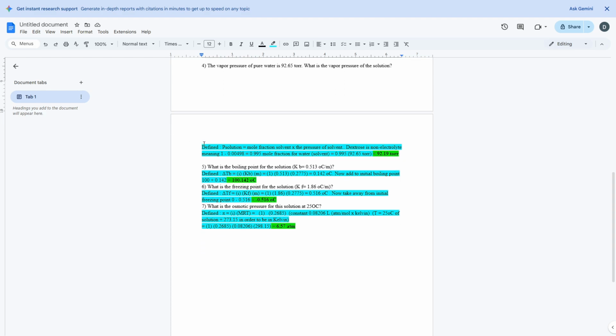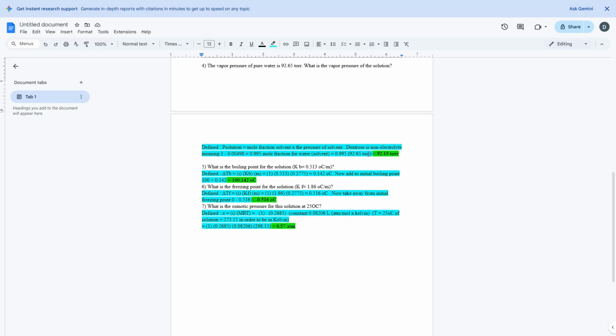And for question 4, it's giving us the pressure, and it's asking us the vapor pressure of the solution. So it's defined as the vapor pressure of the solution equals the mole fraction of the solvent times the pressure of the solvent.